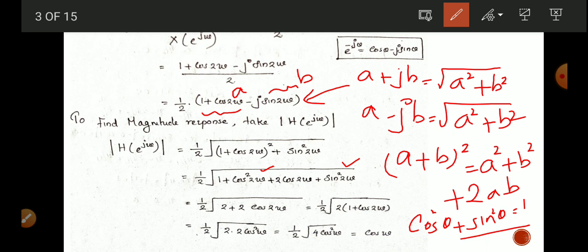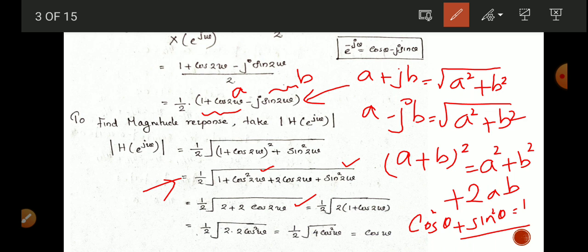On applying this, we can rewrite 1 by 2 root of, here cos square 2 omega plus sin square 2 omega becomes 1. Then 1 plus 1 is 2, 2 plus 2 cos 2 omega. We can rewrite this as 1 by 2 into root of 2 plus 2 cos 2 omega. Here we can take 2 in common. Then 1 by 2 root of 2 into 1 plus cos 2 omega.